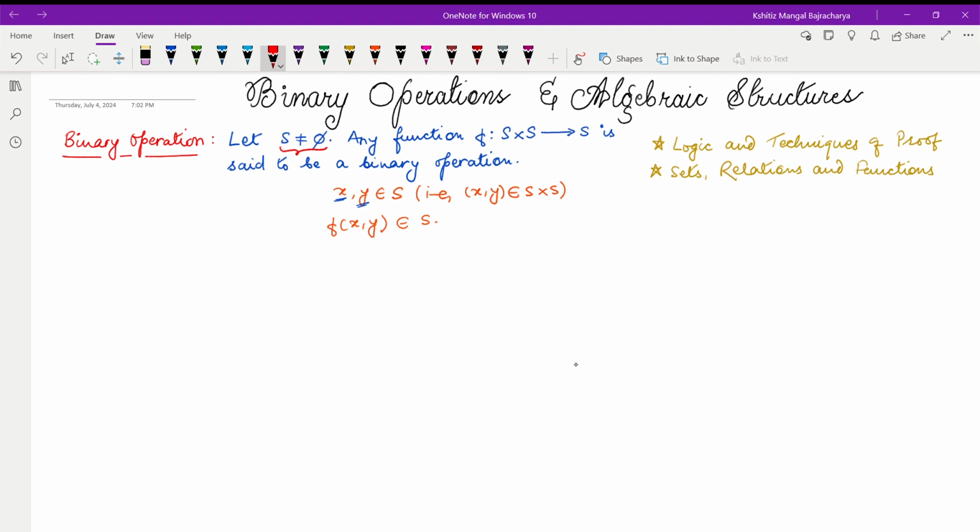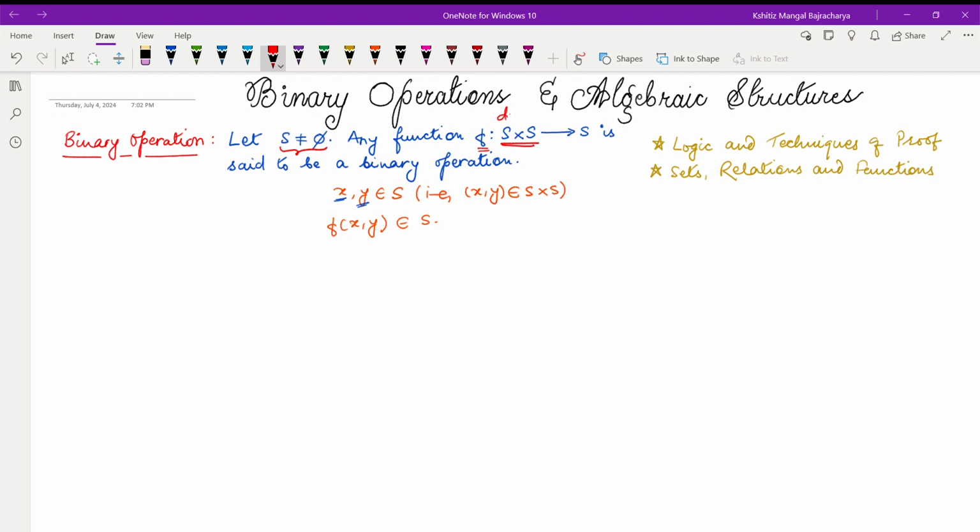We're not particularizing S in any other way. And if we have a non-empty set, we can define a function f on it.